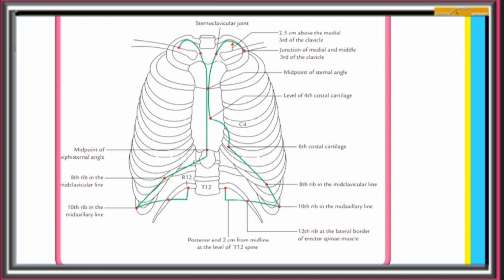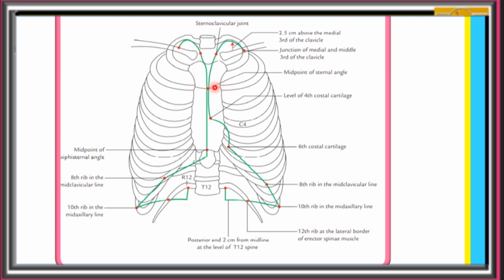Now, on this right side, it will start from the point on the sternoclavicular joint. That is where I have my light. It will extend downwards and medially from this right sternoclavicular joint to the midpoint of the sternal angle, that is from this point down to this point. This is the angle of Lewis, or the sternal angle.